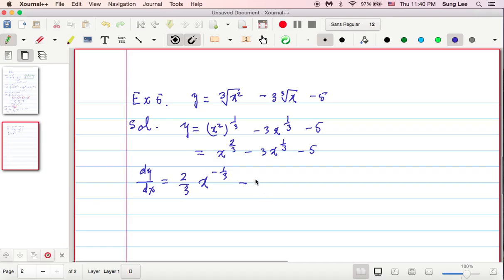So that becomes what? 1. So x to the 1/3 minus 1, that's going to be negative 2/3. Okay, negative 2/3, right? And negative 5 is what? Constant, so it goes away. So that's the derivative.